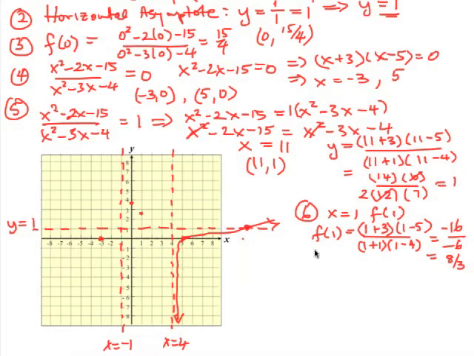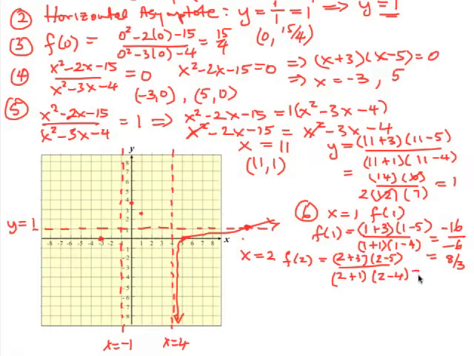Okay, what happens if I have x is equal to 2? Well, maybe we can work this out fairly quickly now. f of 2 will be 2 plus 3 by 2 take 5, and we have 2 plus 1 and 2 minus 4.